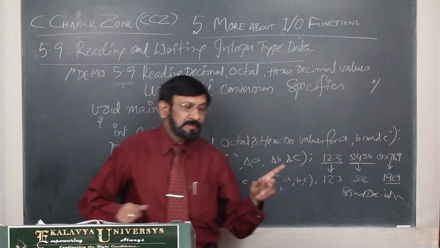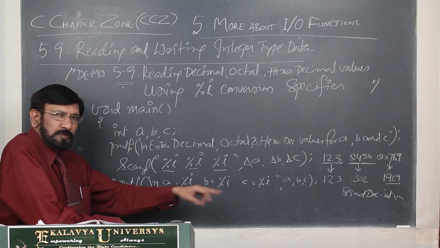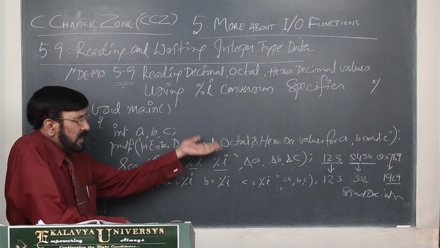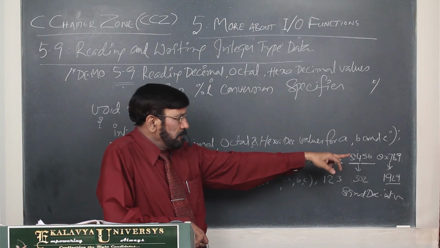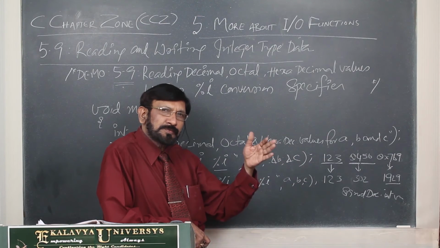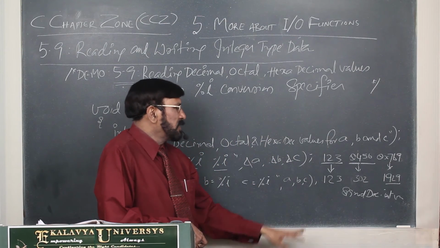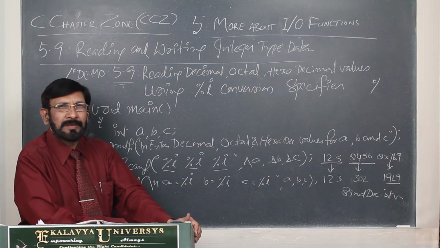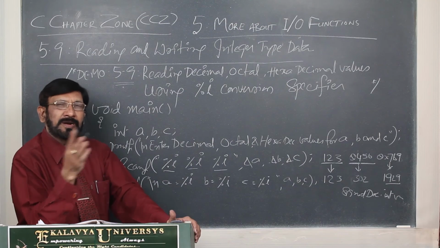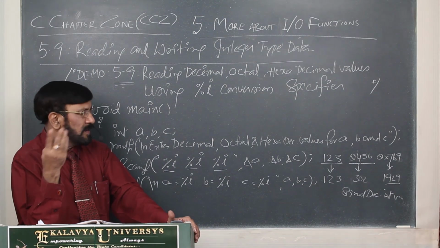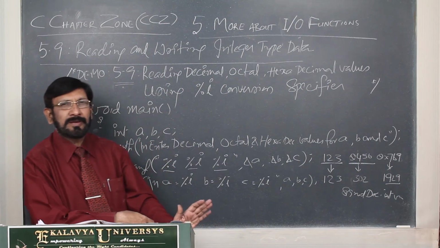That means this %i, when used with printf, can convert octal and hexadecimal values into corresponding signed decimal integer values. That point you have to understand. So once again I am telling you, give different types of inputs and see the result. See the result, then only you can own the concept.